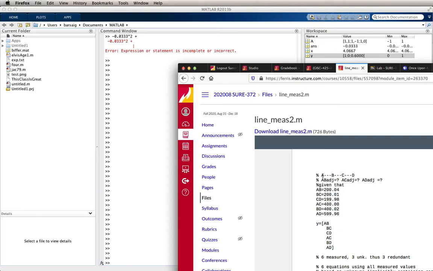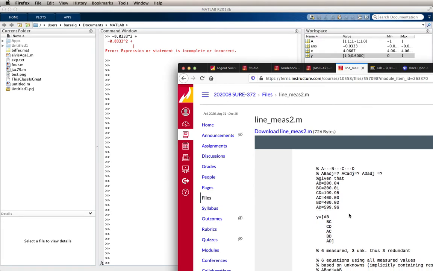And from this, we need to determine AB adjusted, AC adjusted, and AD adjusted. So that means there are 6 measurements with 3 unknowns. And there are 3 redundant measurements, since 3 measurements would be necessary to determine a unique solution.